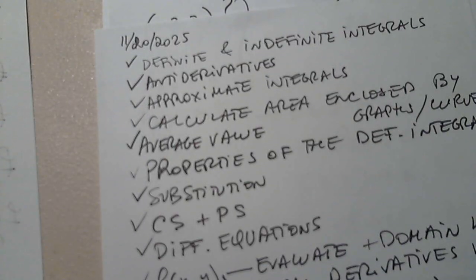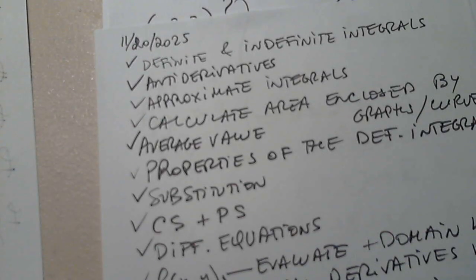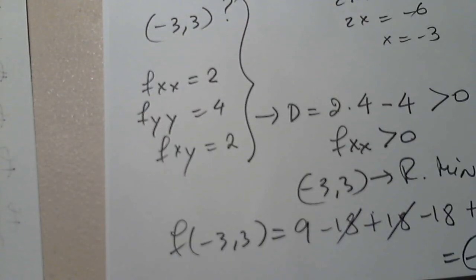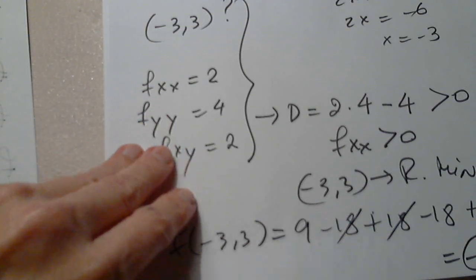Would you like to start reviewing for the final? Do we have other questions that we want to go over? Could we start reviewing for the final? Okay, very good. So I'm assuming that we're not going to review the material for test 3 anymore.